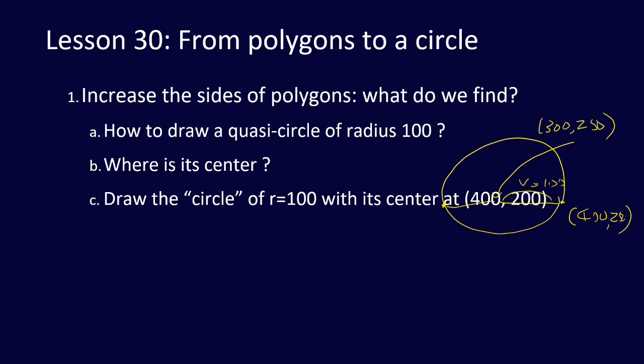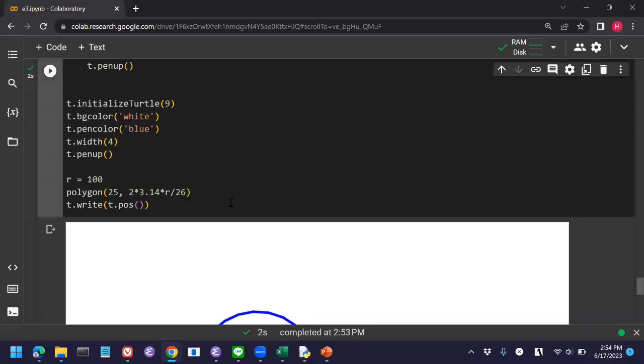So in that case, maybe we need to start from, say, 500 and 200. Let's try that.